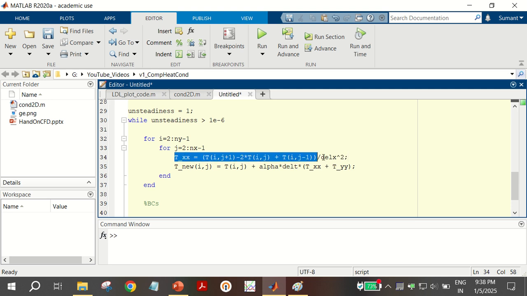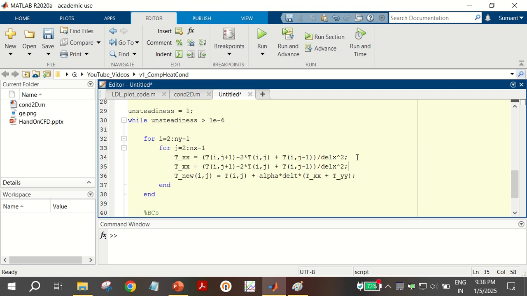Okay, similarly you can calculate Ty also, but here you have to be careful, it's i plus 1, j will remain as it is, and here it's x.